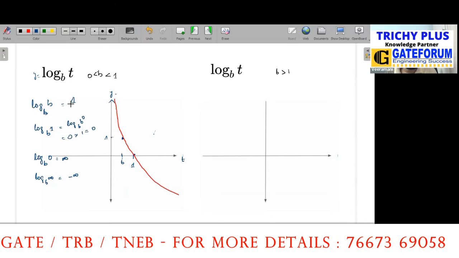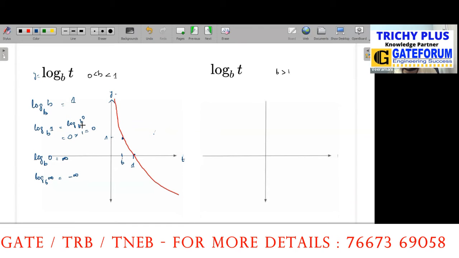Okay, so we have just started with the two cases, which is nothing but log base b. We all know that when the base and the number are the same, it will give a value of 1. Log base b of b, whatever the number, log base 10 or whatever it is, will give a value of 1. So I am marking b as 1, and instead of t I am putting 1, because we are on the t axis. So it is going to be log base b of 1.